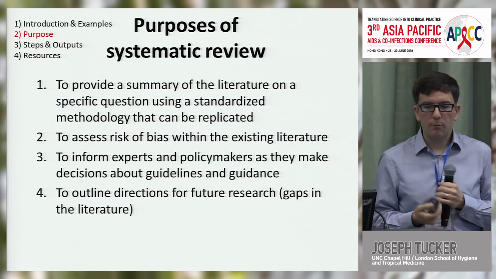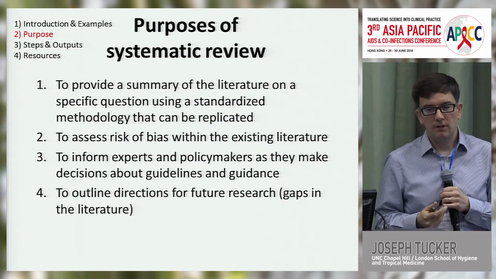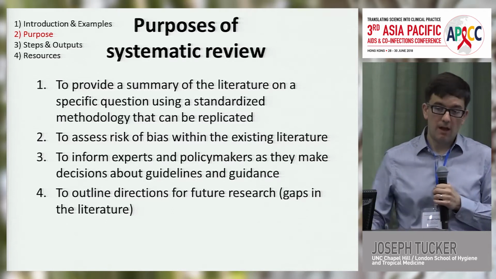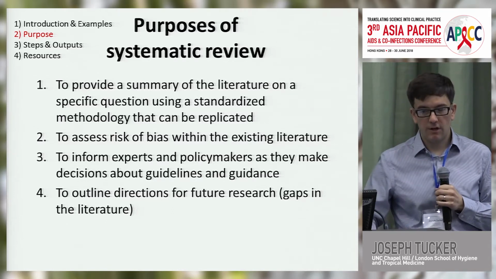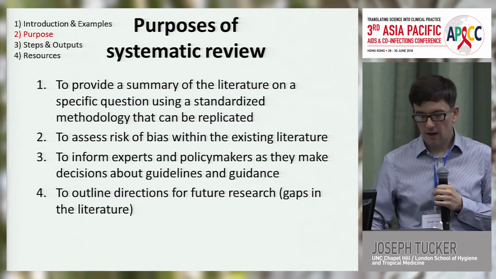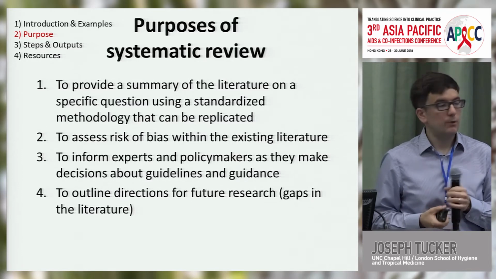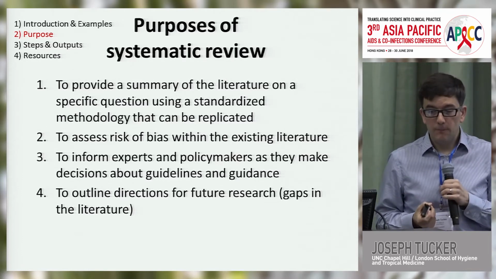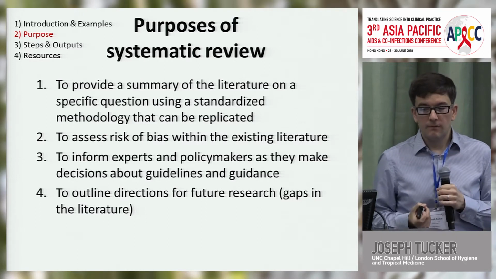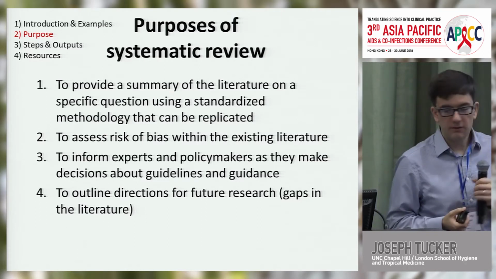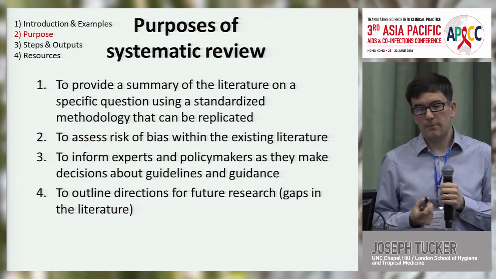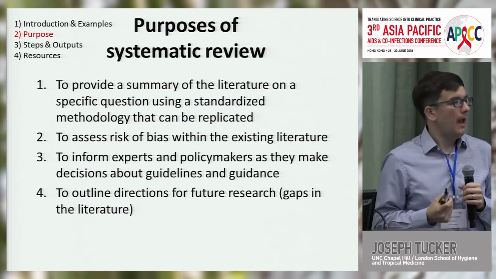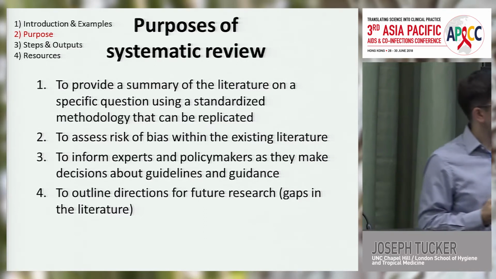So what are the purposes of a systematic review? To provide a summary of the literature on a specific question using a standardized methodology that can be replicated, to assess the risk of bias within the existing literature, to inform experts and policymakers as they make decisions about guidelines and guidance, and then finally, to outline gaps.